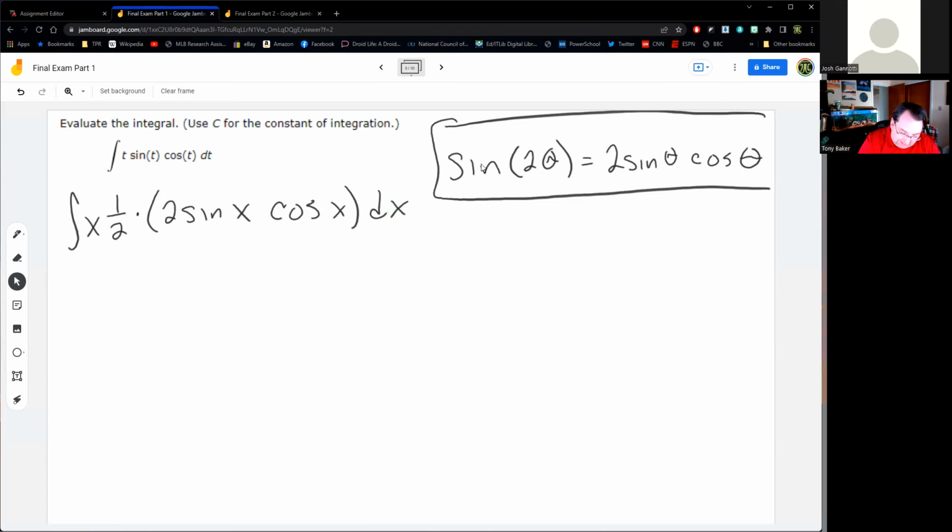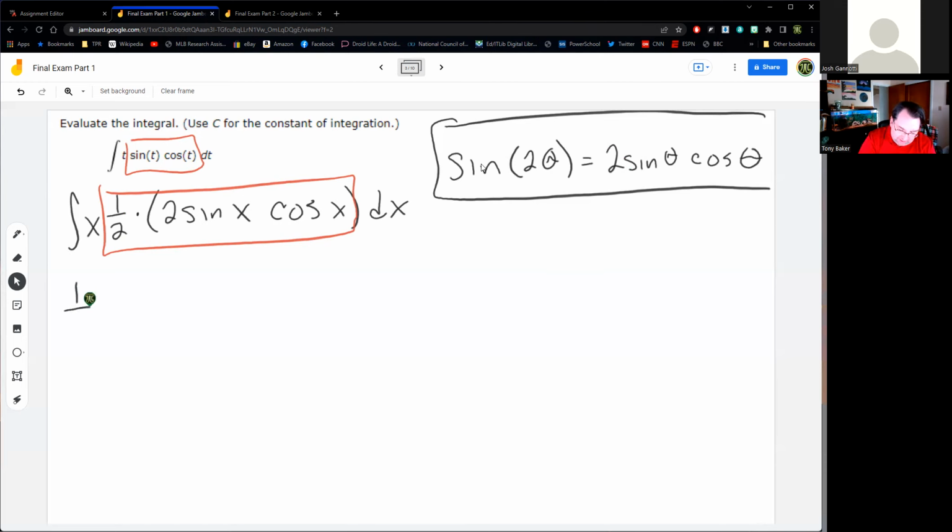So in essence, what I did is that part right there is that part right there. So by taking the half and multiplying, or half times 2, I'm not changing the problem at all, but now I'm able to use that trig rule.